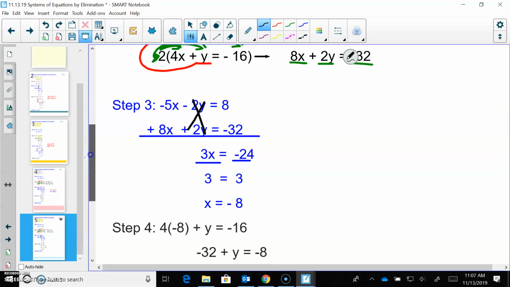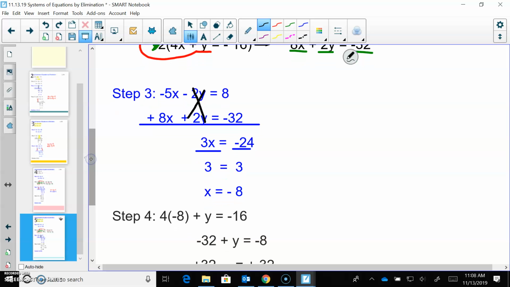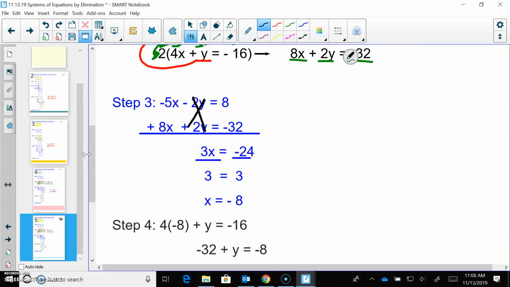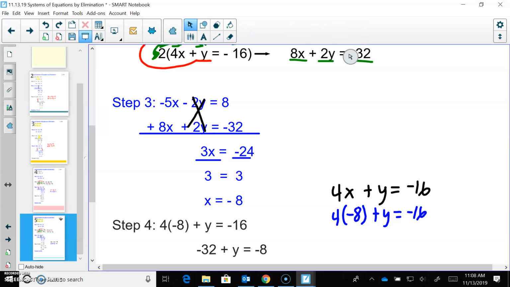From there, I substitute that value into one of the original equations. So I chose to do it for the bottom equation, which was 4x plus y equals -16. Okay? So all I did, instead of writing x, I substituted -8 into that plus y equals -16. And then I solved from there.